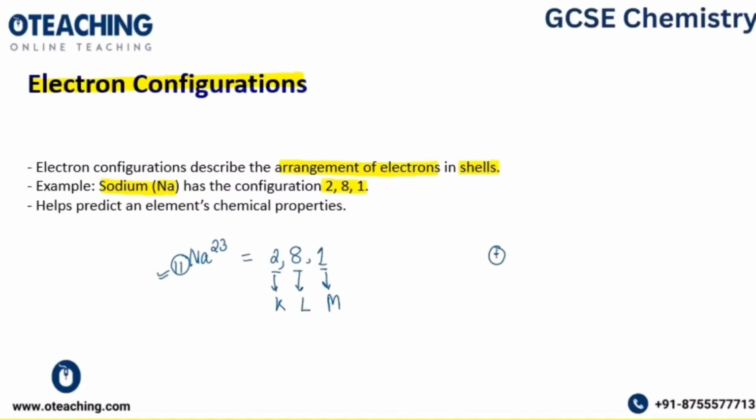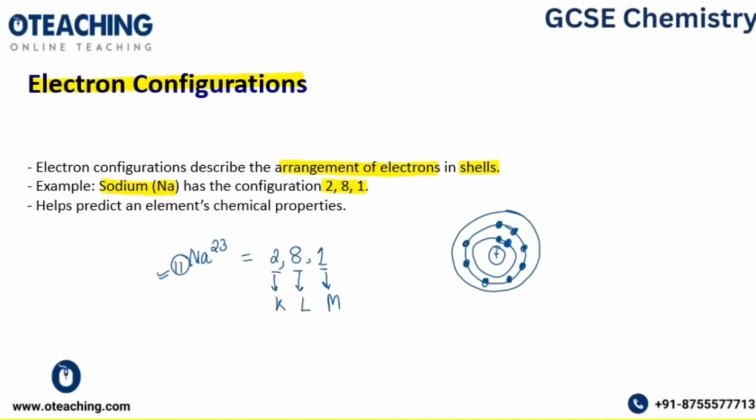The structure would look like this: K shell, L shell, M shell. In the K shell, how many electrons? 2 electrons. In the L shell, 8 electrons: 1, 2, 3, 4, 5, 6, 7 and 8.